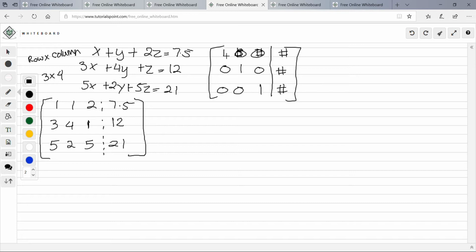So we're getting a diagonal of 1, and the rest 0, and the last column will be numbers, not 0.